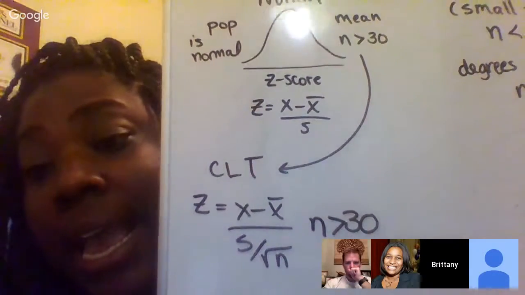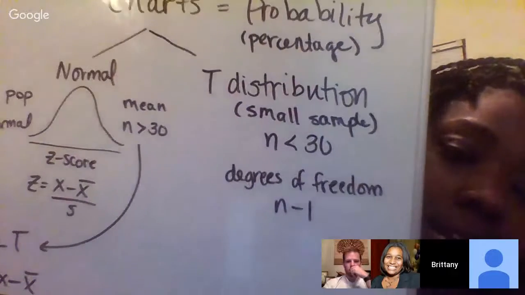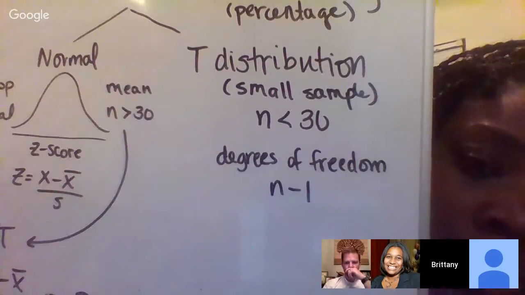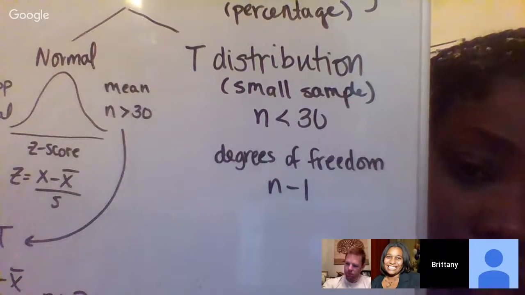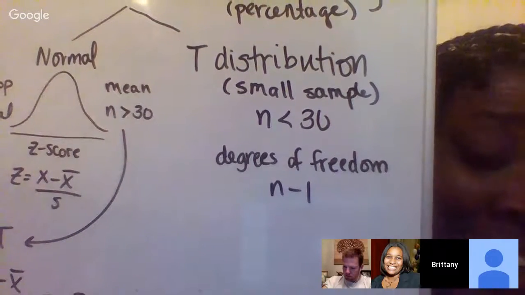If you've got a sample under 30, that kicks you over to this side. Samples under 30, you use the T chart and the T distribution. Small samples, we cannot guarantee that they're normal, but the T distribution looks a lot like the normal distribution.